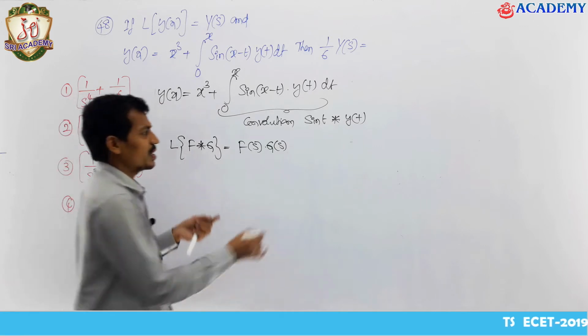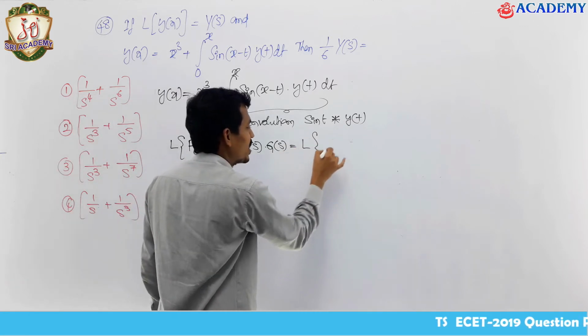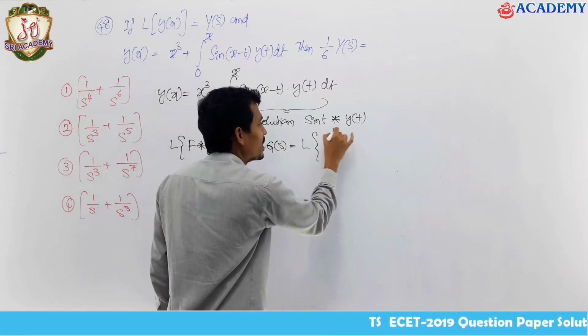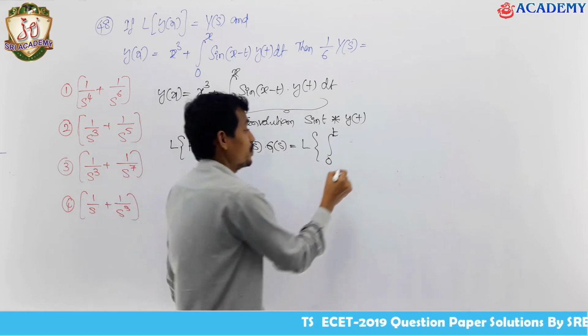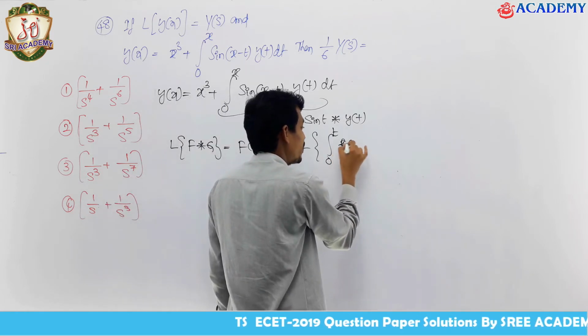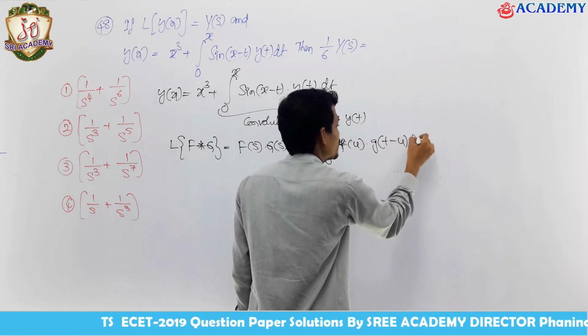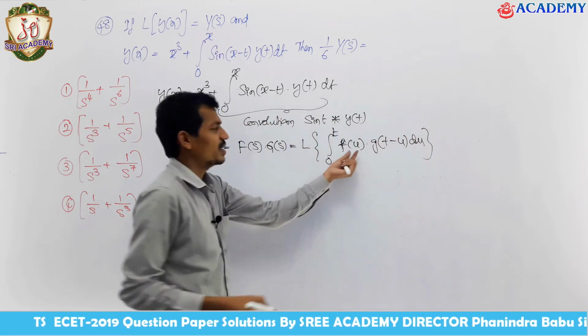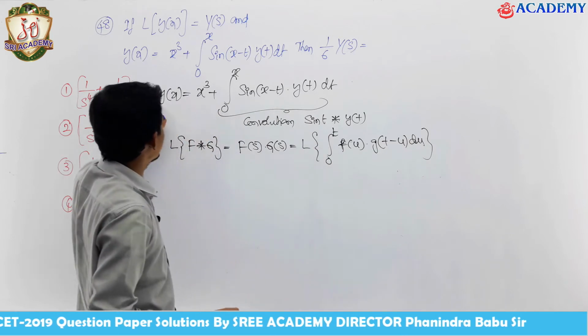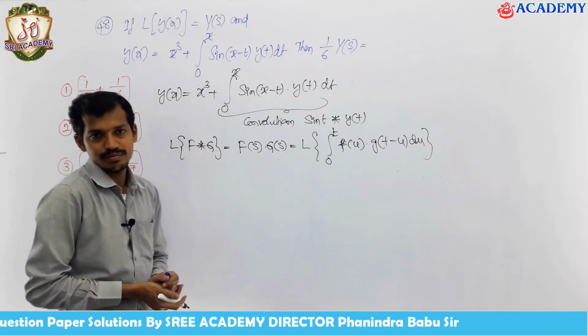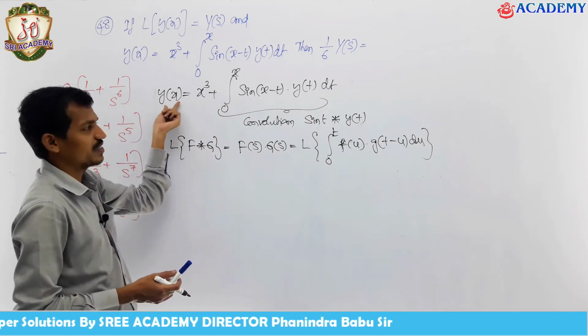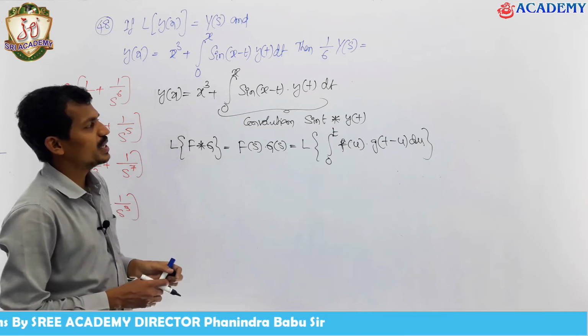This is nothing but the integral 0 to t of f of u into g of t minus u du. Always you represent it in t, but here it is given in terms of x, so indirectly in terms of t, here it is going to be x.